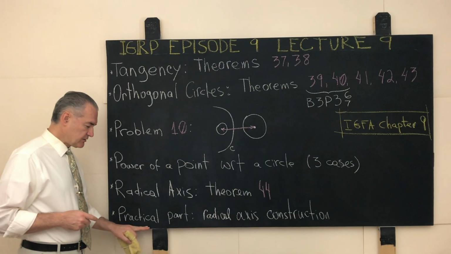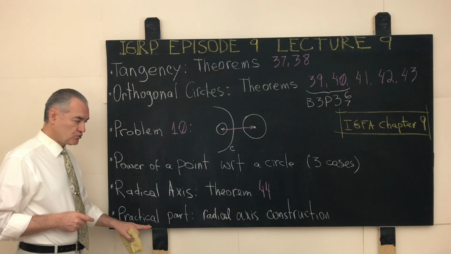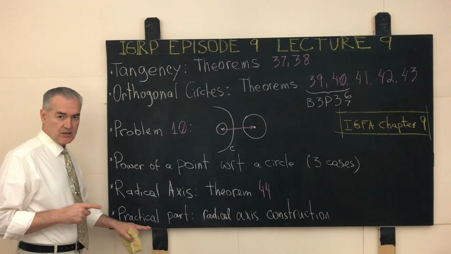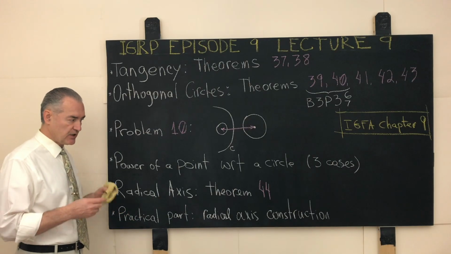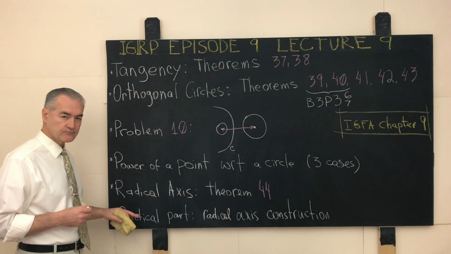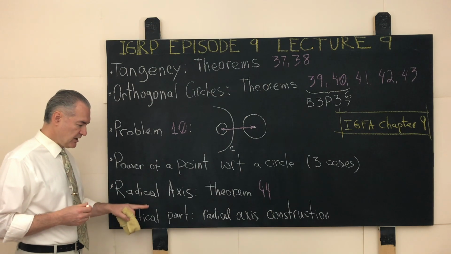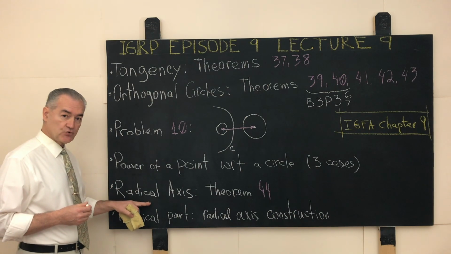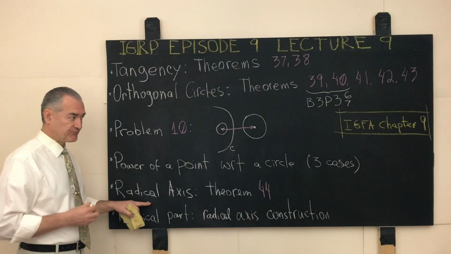Then in the final section of this lecture, we will look at the practical side, and we will learn how to construct the radical axis of two circles regardless of the mutual juxtaposition of the circles. And as the very final segment of this lecture, we will realize that the radical axis of two circles is actually the home of the orthogonal circles of two given circles.